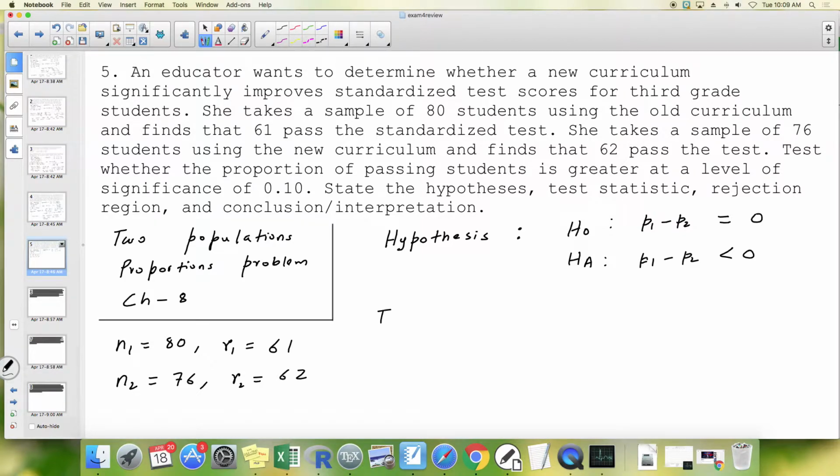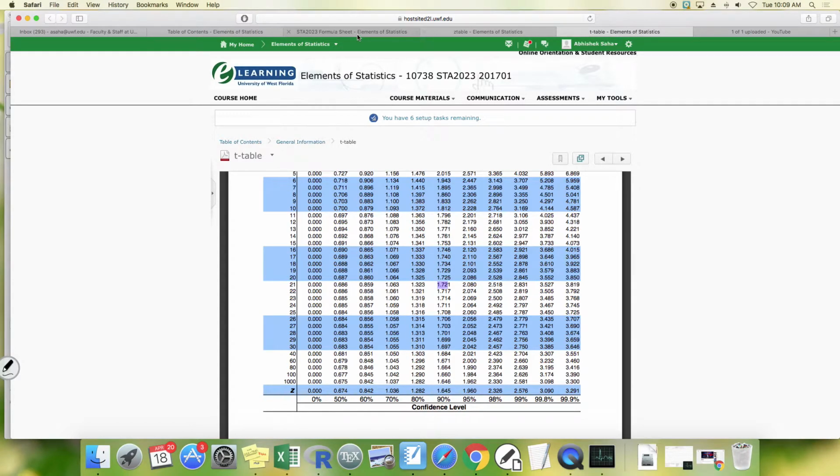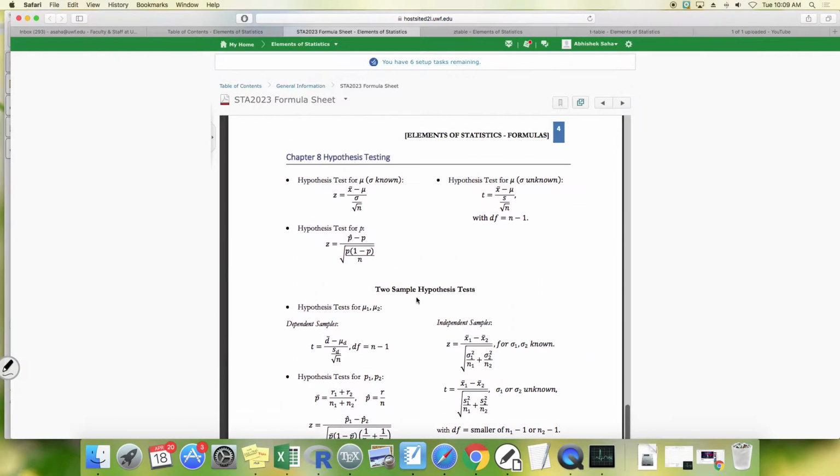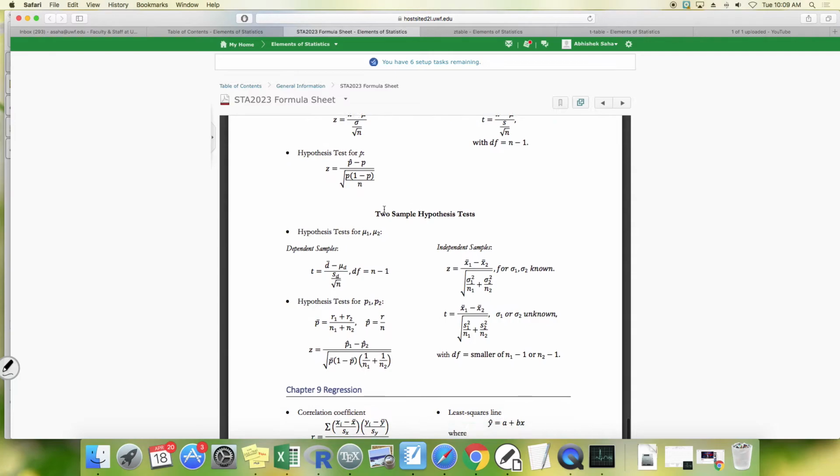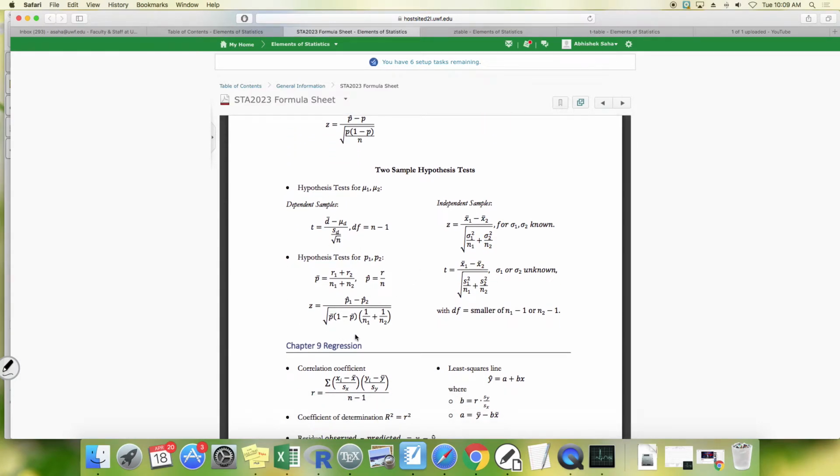Now, test statistic. This one's slightly difficult. For chapter 8, 2 sample proportions, this is the formula. Let's calculate these things one by one.